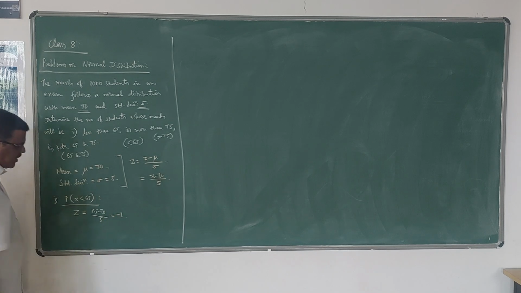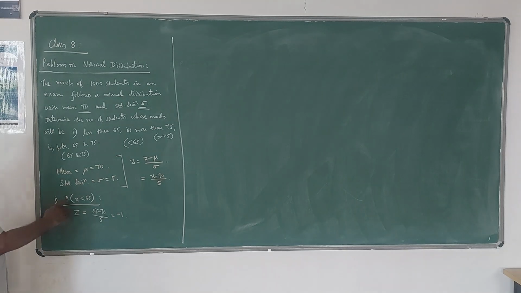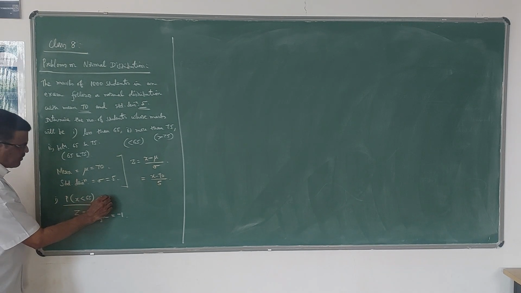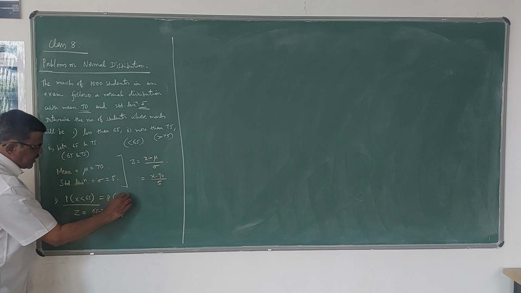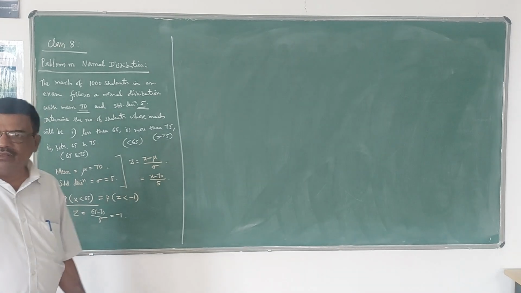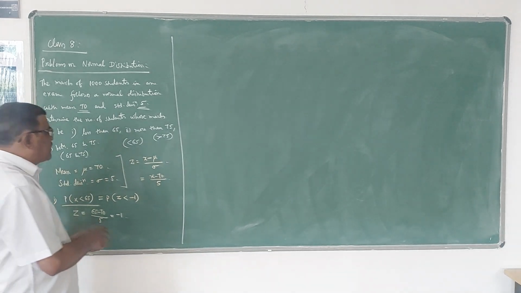That means P of x less than 65 is the same as P of z less than minus 1. Now let us find this using the table.